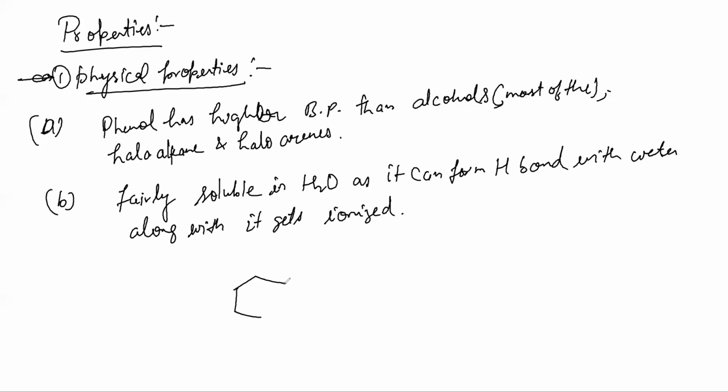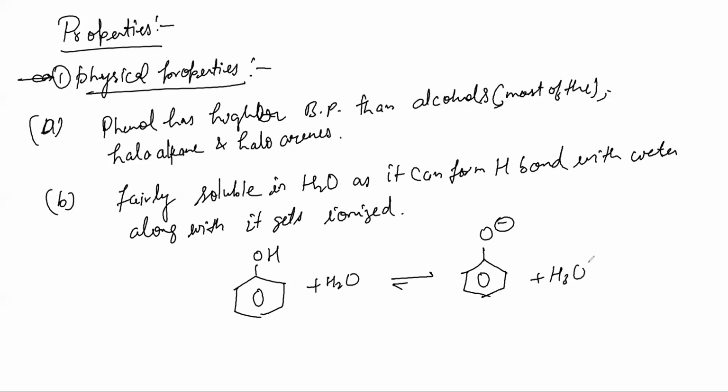Means if you put your phenol with water, it gets converted into something like this. Also, this can form hydrogen bond with water molecule. So they both become stable here. Okay, please note this.